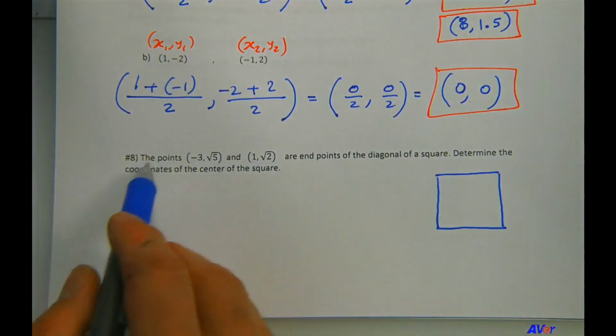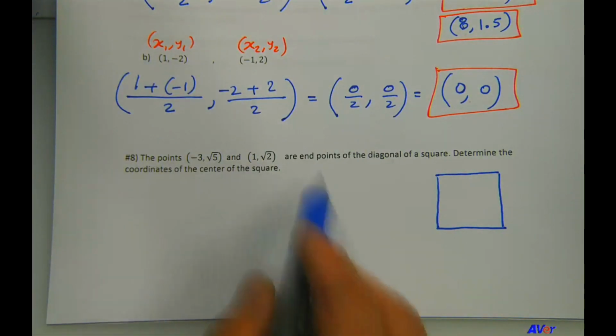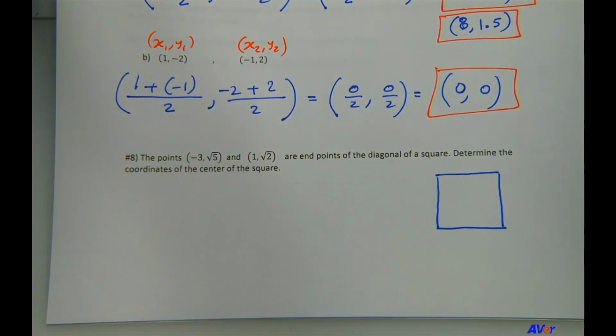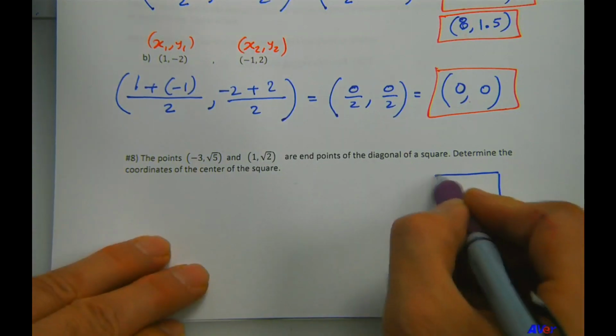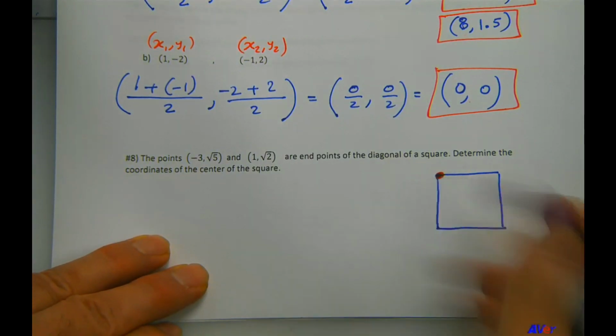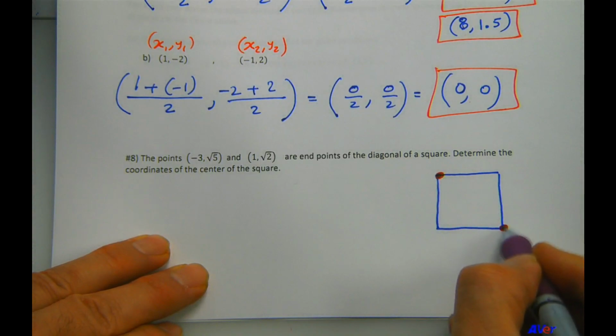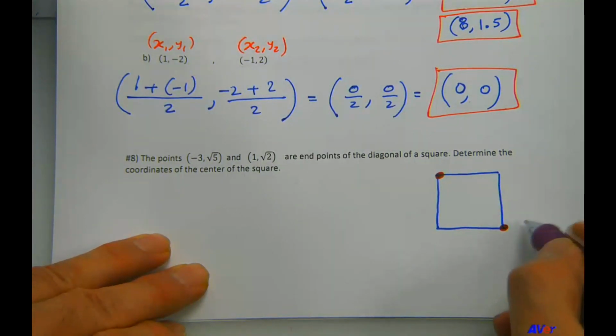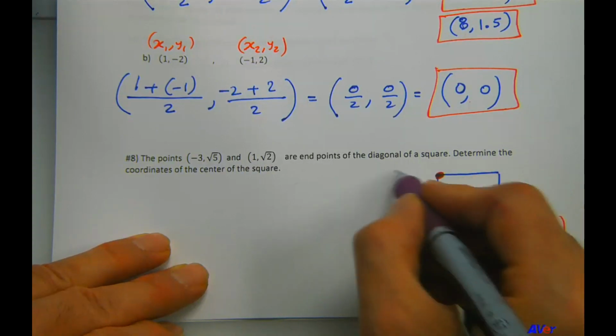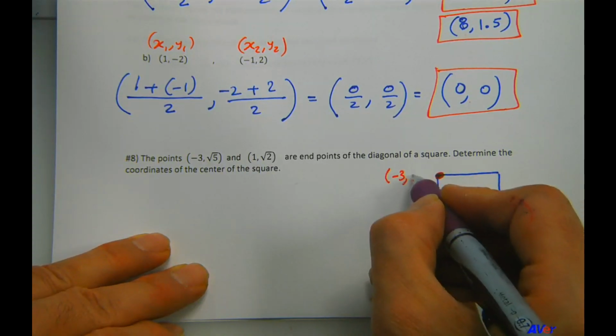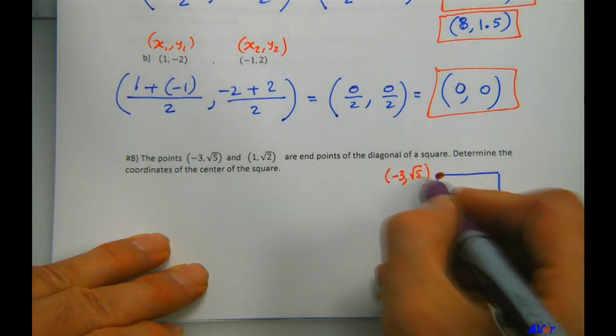And we're told that this and that are endpoints of the diagonal of a square. So if that is a diagonal and that is a diagonal, right? Suppose this is 1 comma square root of 2, and this is negative 3 comma square root of 5.